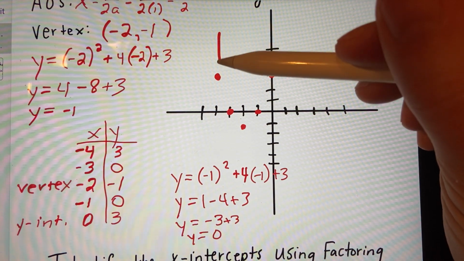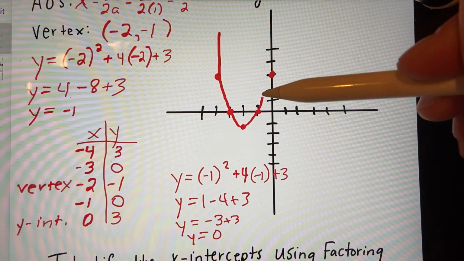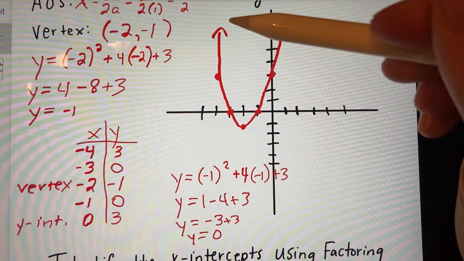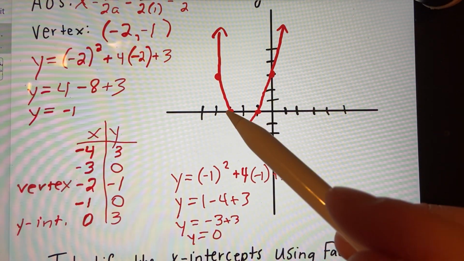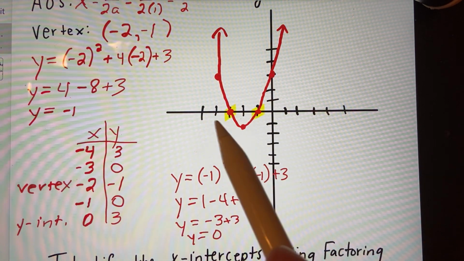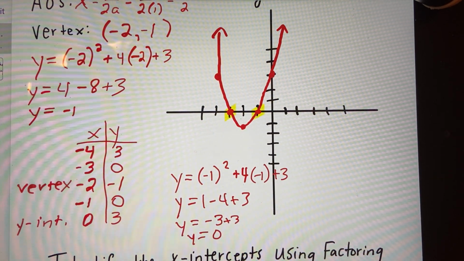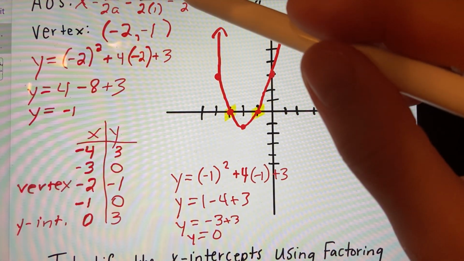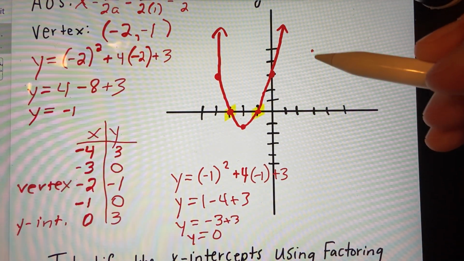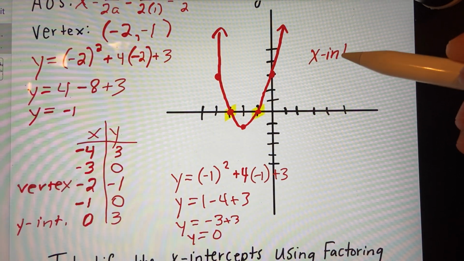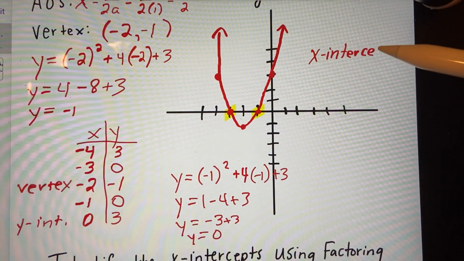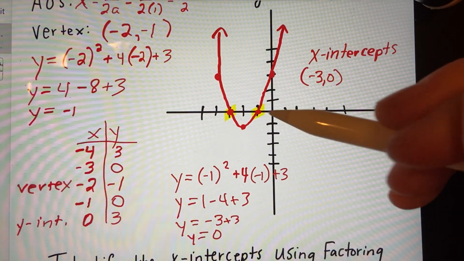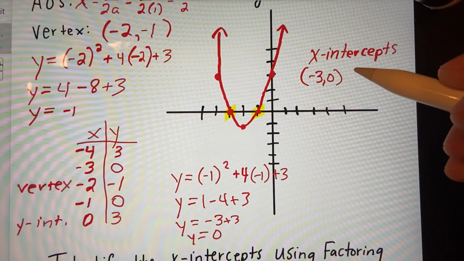Okay, so you can see this forms a really nicely shaped parabola. Nice U-shape. Basic quadratic function. Now our solution is my x-intercepts. That's what I just highlighted in yellow there. So my x-intercepts are (-3, 0) and (-1, 0).